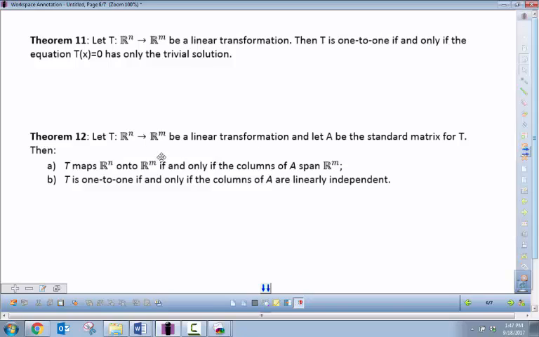And then the next theorem relates to onto. T maps Rn onto Rm if and only if the columns span Rm, and it's one-to-one if and only if the columns are linearly independent. Oh, that's the same thing as the one up on top.